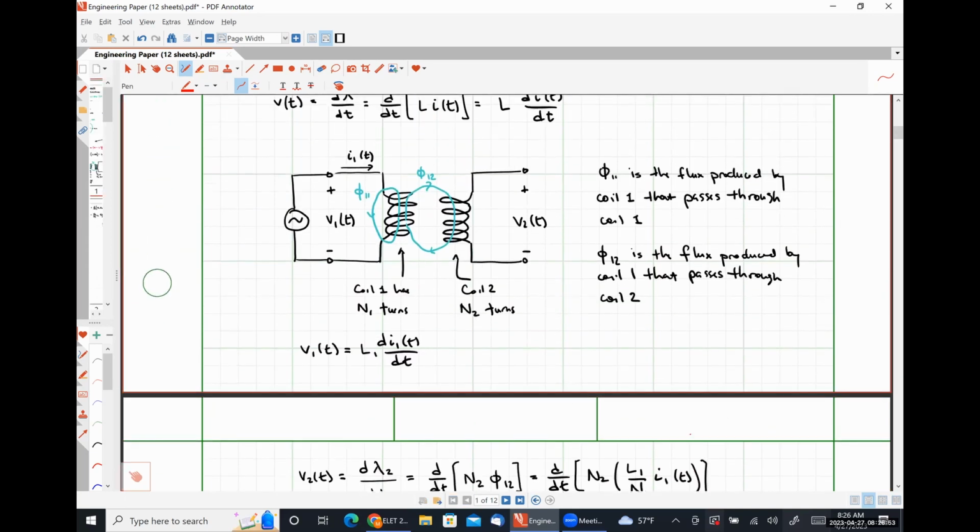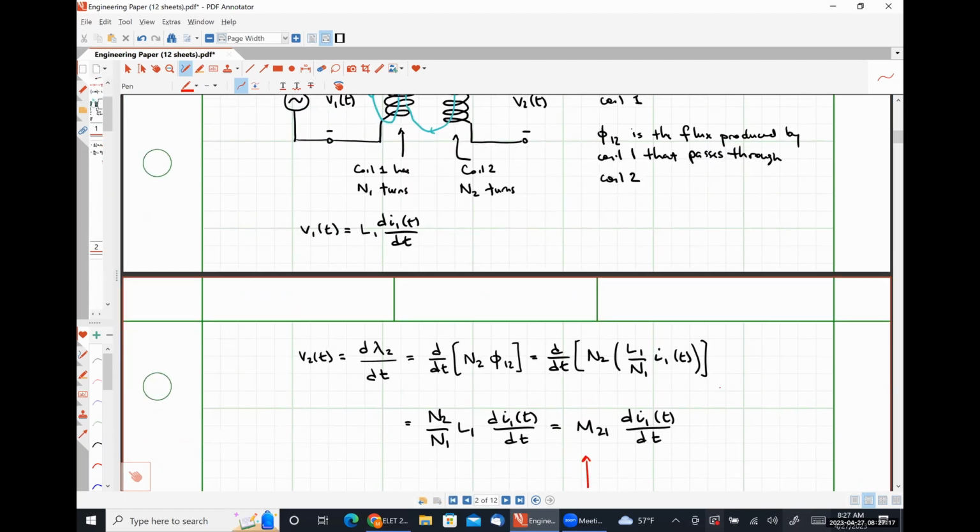Go back to my picture. These two networks are not physically connected in any way, shape, or form. Okay. There's no wire connecting coil 1 to coil 2 whatsoever. But because of what's happening in coil number 1, we are observing a voltage in coil number 2. And the voltage that we are observing in coil number 2 depends on the rate of change of the current flowing through coil number 1, because that's what that derivative relationship means, the rate of change, right?